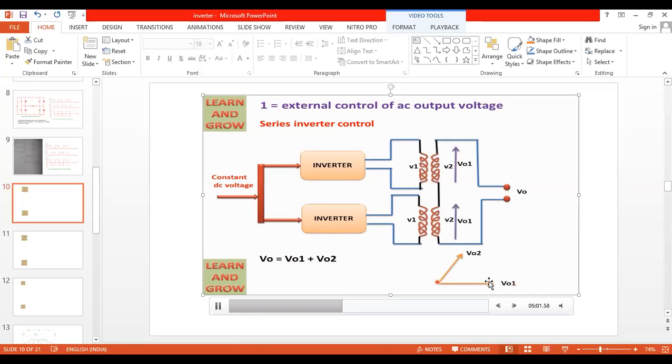So what is another technique? Series inverter control, where two inverters are connected in series, where the secondary windings are connected in series. The same current flows. So V01 and here it has to be V02 in the animation. The overall voltage is a vector combination of both the voltages. You can see the resultant, as you already know this diagram we have done in networks.